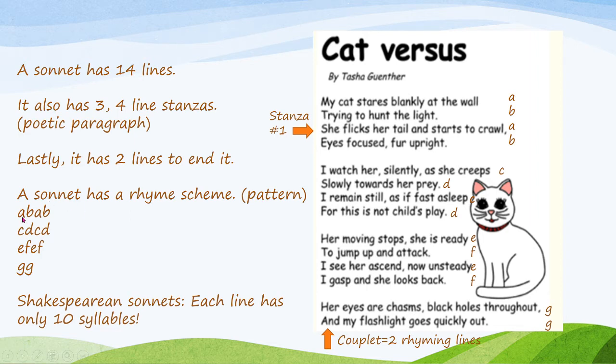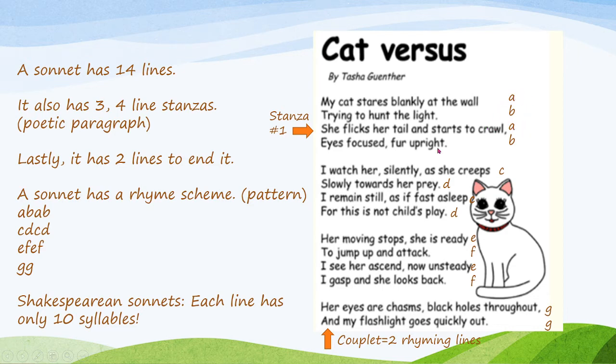We have the rhyme scheme A, B, A, B. So take a look right over here at the very first stanza. I have A, B, A, B written right at the end there, so that way you can see the last word. The last word is wall, crawl. Those both rhyme, so you put an A. That's the rhyme scheme.